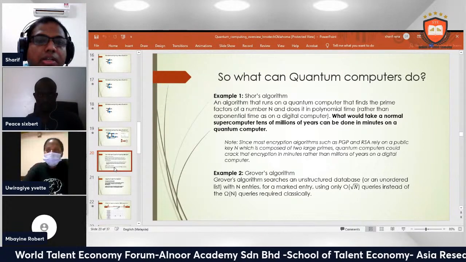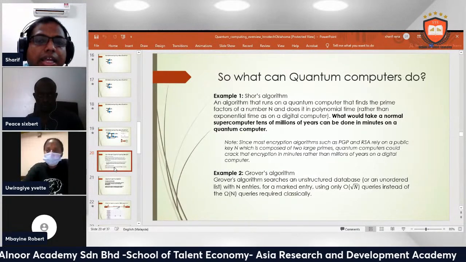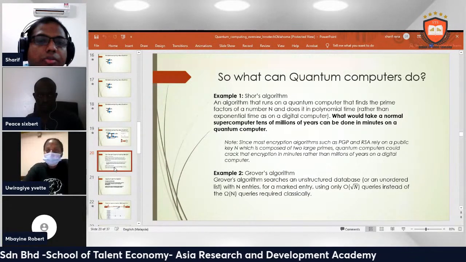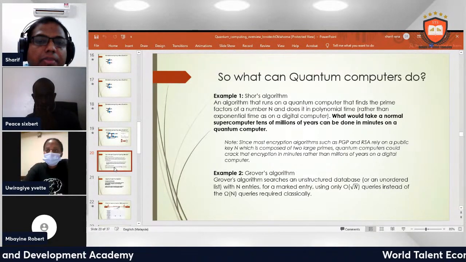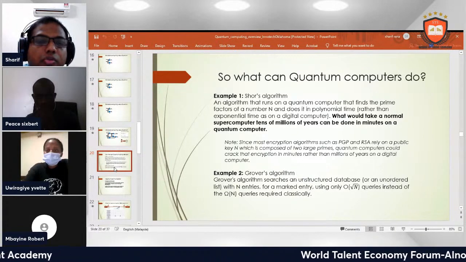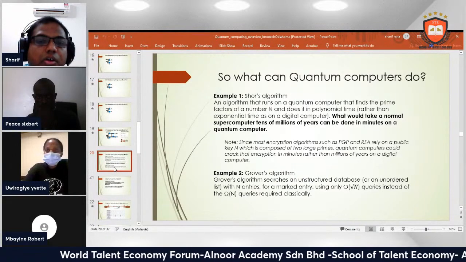What would take a normal supercomputer tens of millions of years can be done in minutes on a quantum computer. Since most encryption algorithms such as PGP and RSA rely on a public key which is composed of two large primes, a quantum computer could crack the encryption in minutes rather than millions of years on a digital computer.